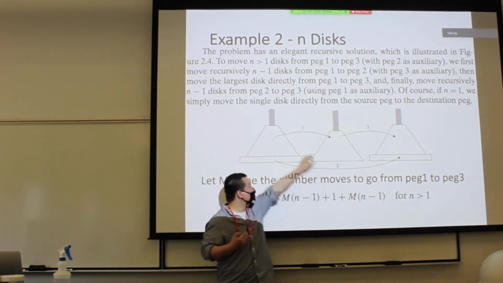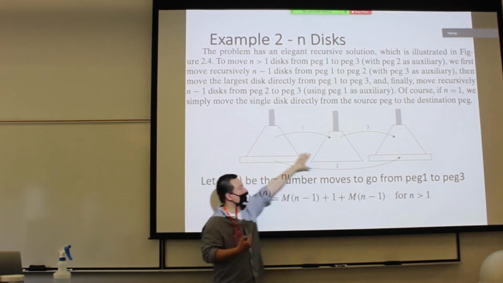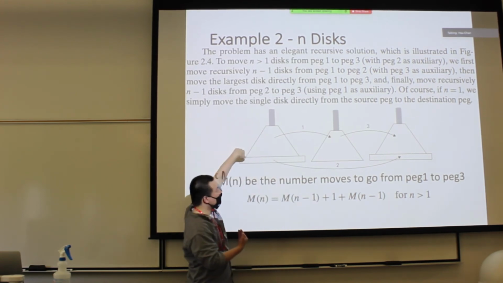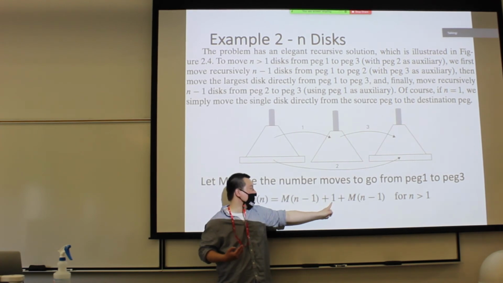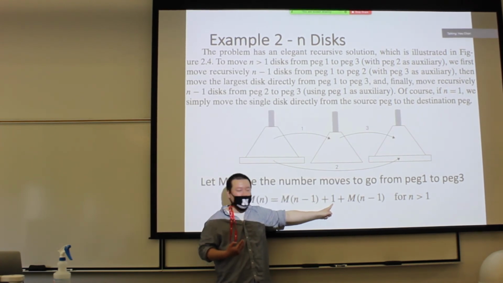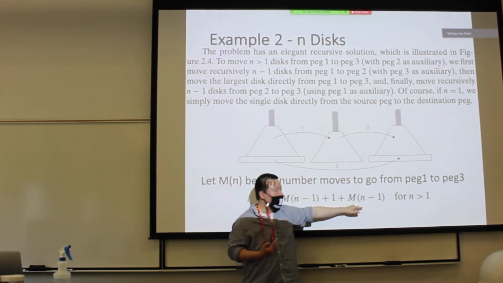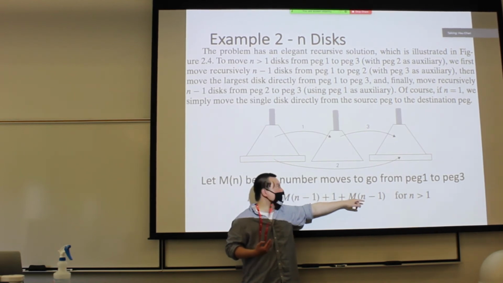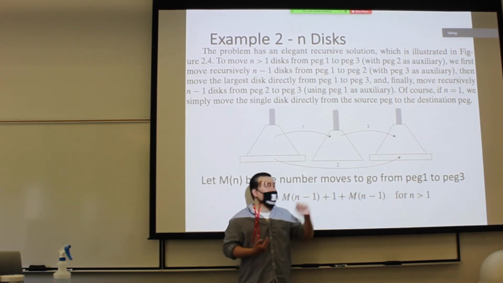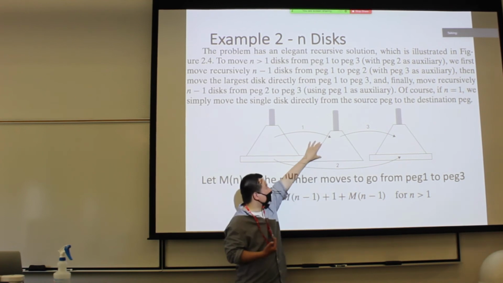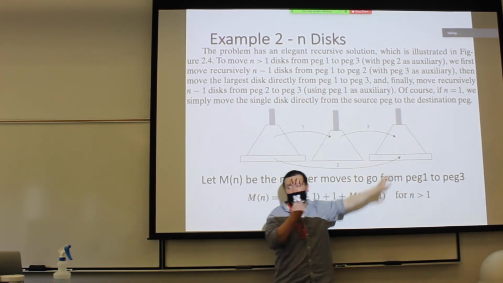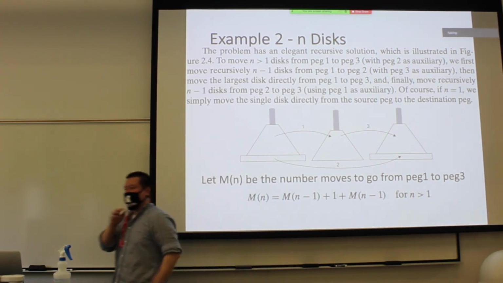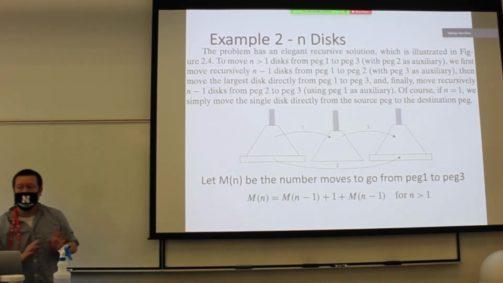And then once we move the n minus 1 disks to the middle, we can move this one disk to the one on the right hand side, which gives an additional operation of 1. And now we need to add the number of times we need to move the rest of the disks, the n minus 1, from this pile to the right pile. Does that make sense?